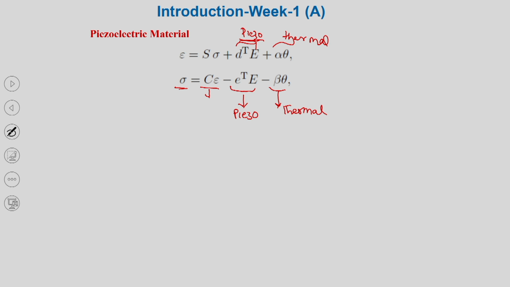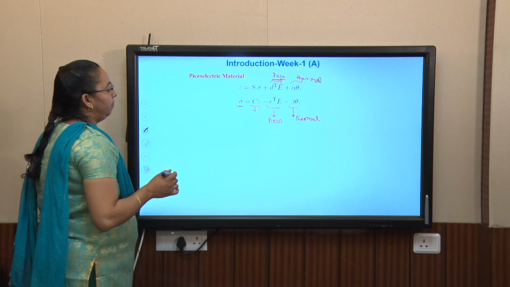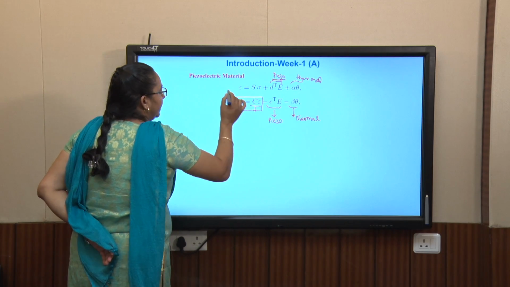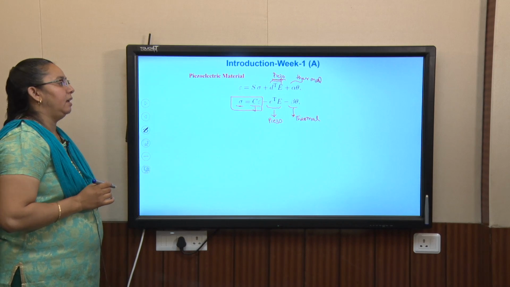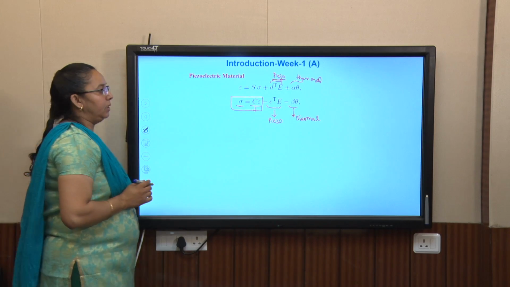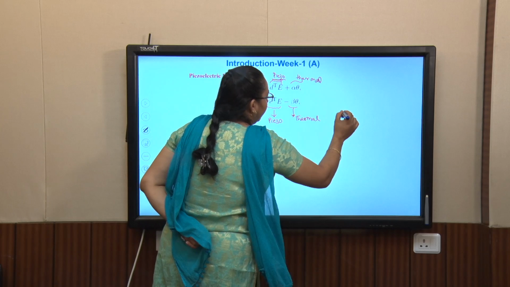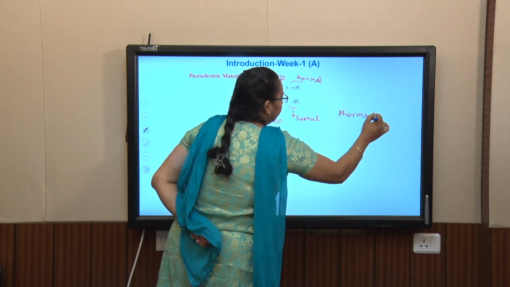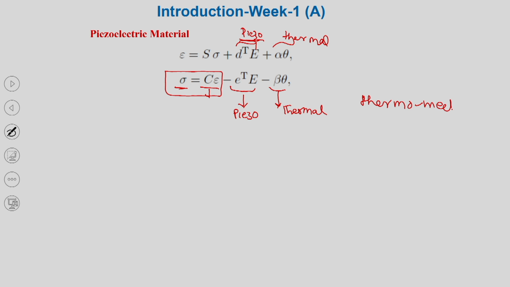I have explained how to develop plate equations, plate theory using these relations, and if somebody is interested in developing the thermomechanical case, in that case he has to take the constitutive relations with this beta.